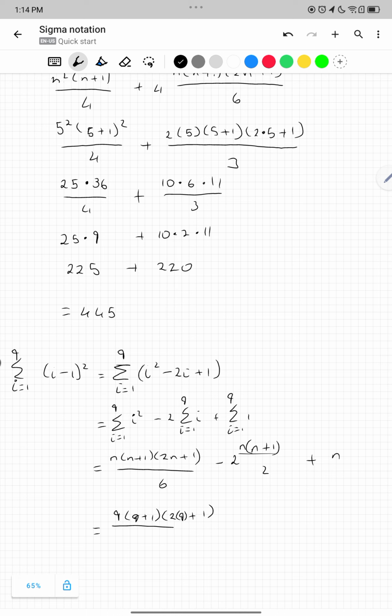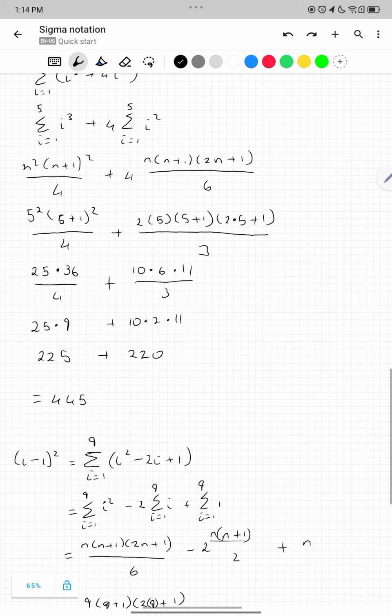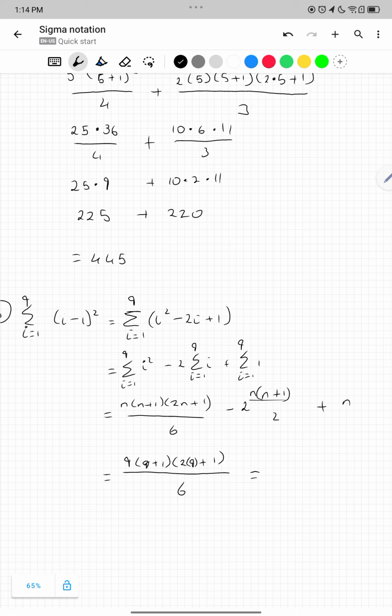It's not 29, it's 2 times 9 plus 1, so it'll be 9, 10, 18 plus 1 is 19. Over 6, minus 10 times 9 is 90, plus 9.